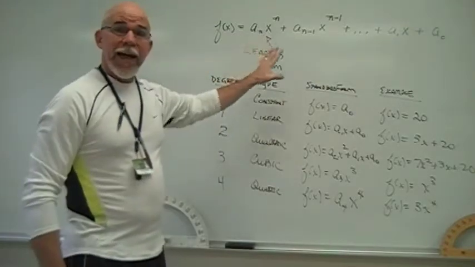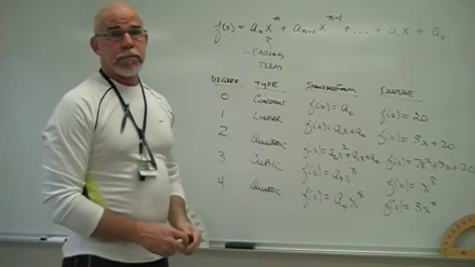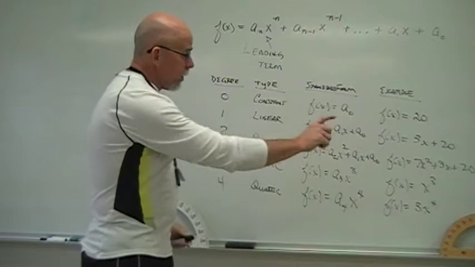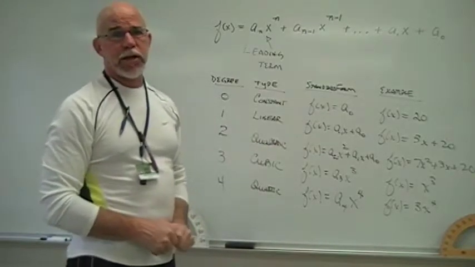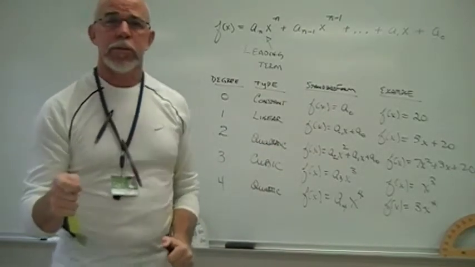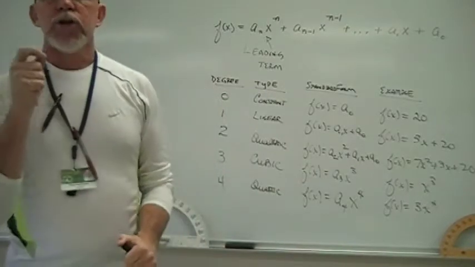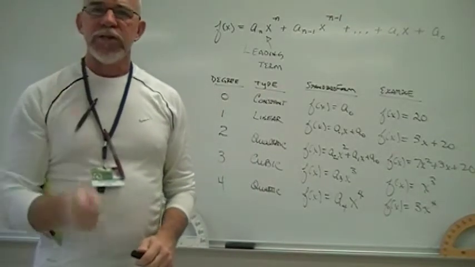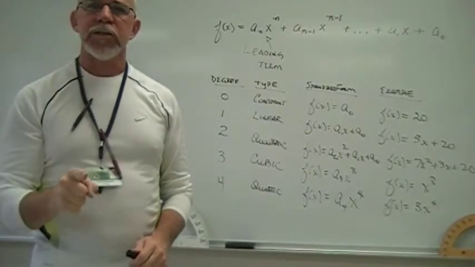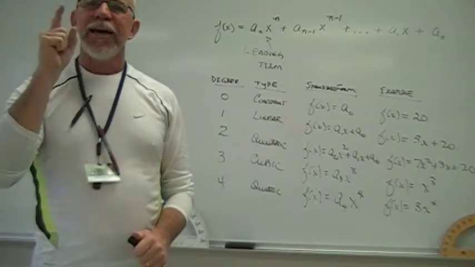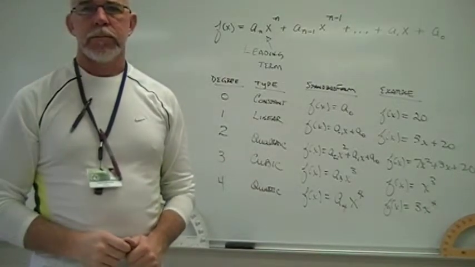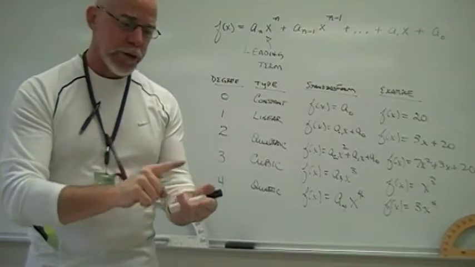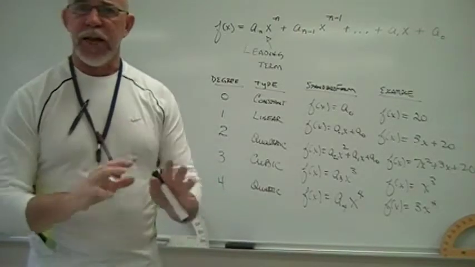One very last vital consideration. For a string of terms that are stuck together to be considered polynomial, all of the degrees of every single term must be whole numbers. Must be either 0, 1, 2, 3, 4, 5, 6, 7, 8. Never any fractions.